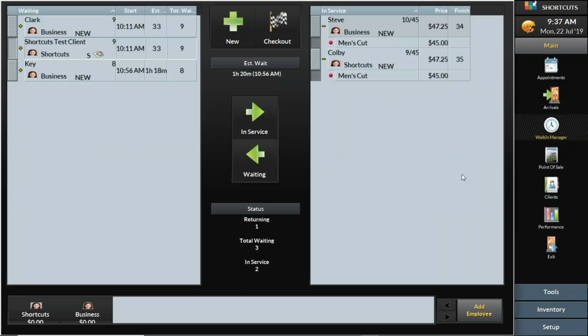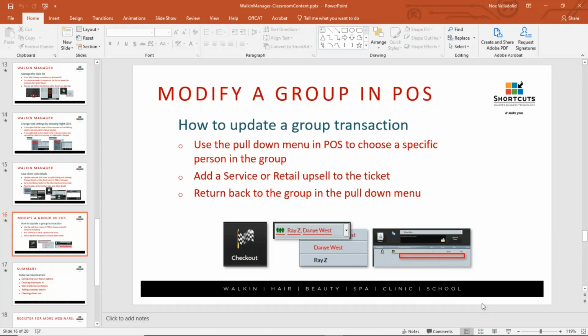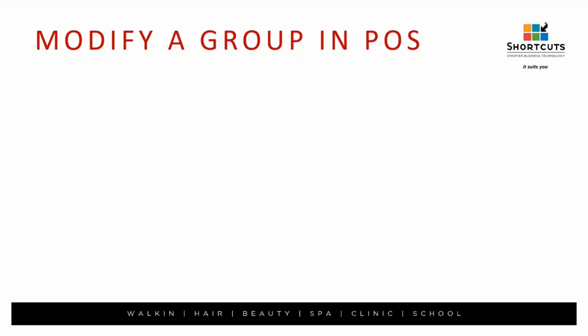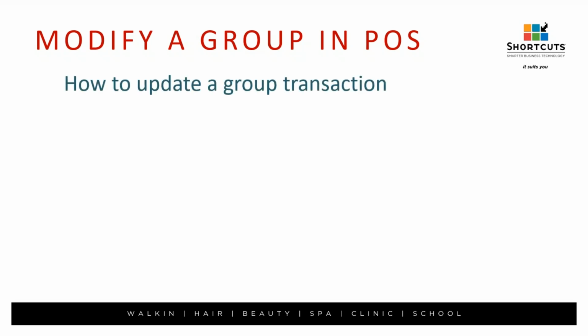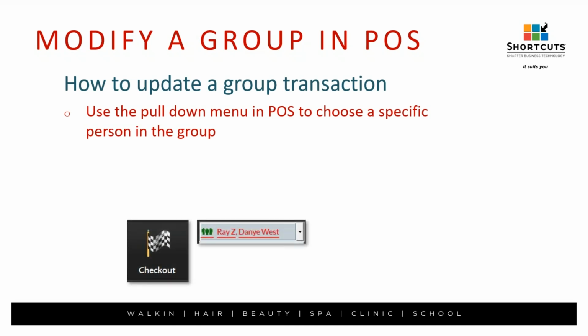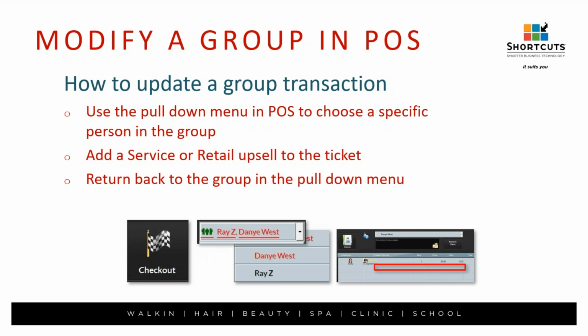Okay, so checking customers out. Back to our presentation. So we talked about accessing the history, updating the customer details. So in the walk-in screen, you can actually check groups out at a time, but the fastest way to check out a group, I'm going to show you, is actually in the point of sale itself.